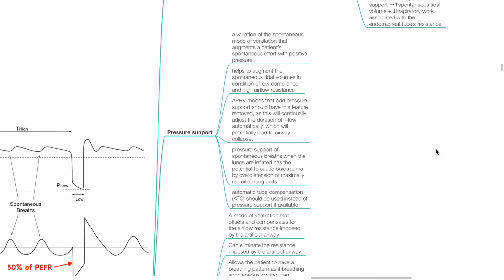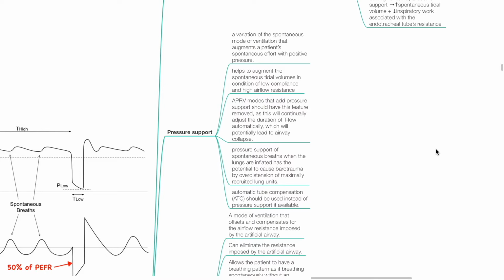Pressure support is a variation of spontaneous mode of ventilation that augments a patient's spontaneous effort with positive pressure. Pressure support helps to augment the spontaneous tidal volumes in conditions of low compliance and high airflow resistance.